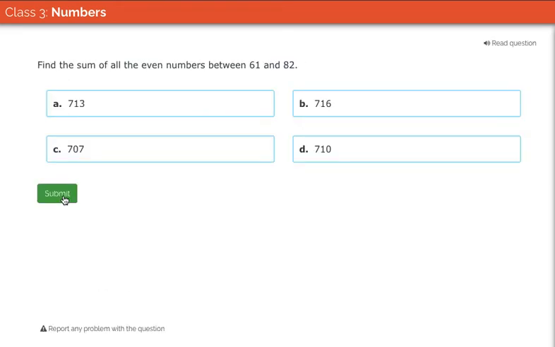Find the sum of all the even numbers between 61 and 82. So let's find out the even numbers and then just add all of the even numbers. Alright.